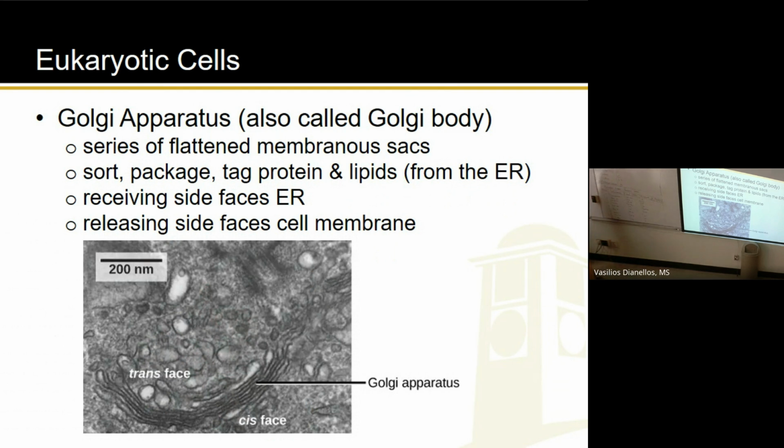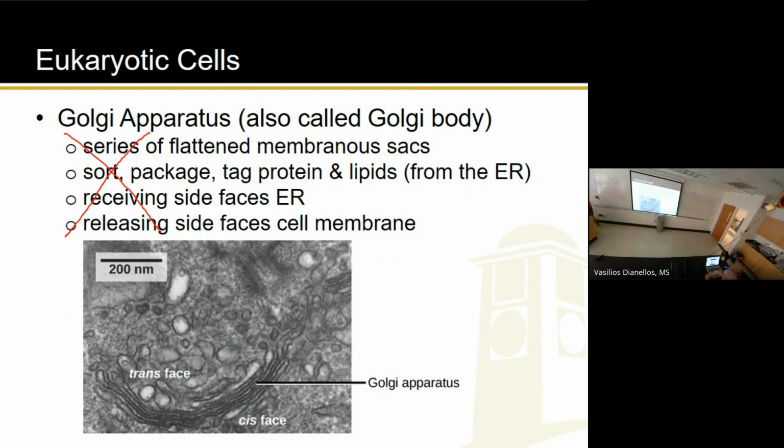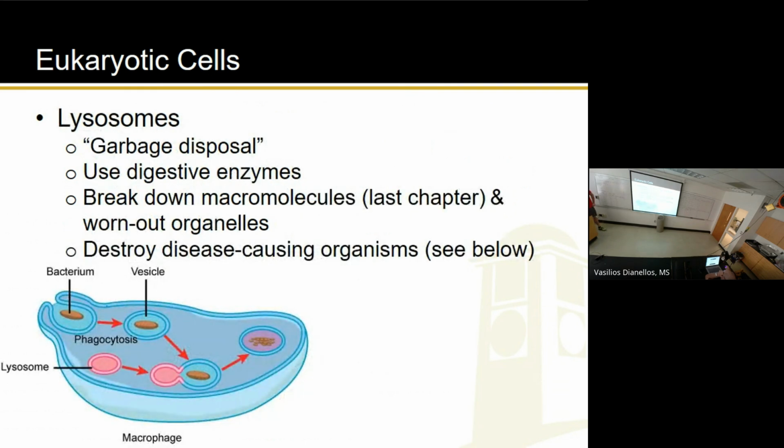Obviously, the receiving side would face the ER because as it's leaving the ER, it's going to go into the Golgi body. And then the opposite of that would go away from the nucleus. But once again, as far as the exam is concerned, as far as the rest of the semester is concerned, this is all unimportant information. Any questions about that?